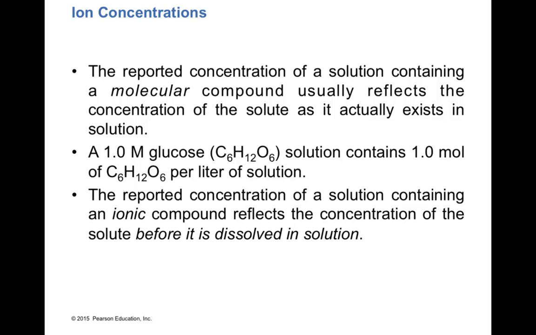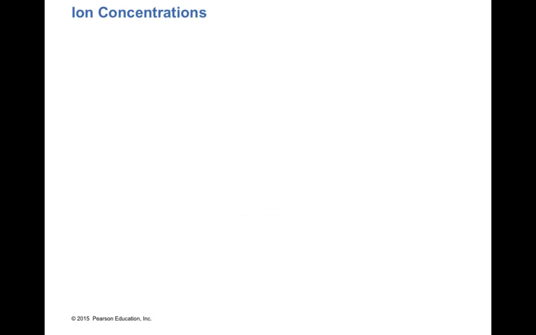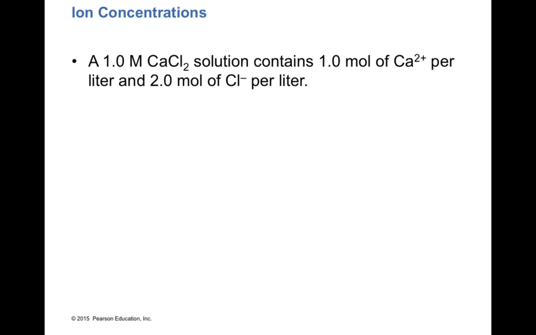And that will eventually affect the concentration because when we have, for example, a 1 molar solution of calcium chloride, that solution contains 1 mole of calcium per liter and 2 moles of chlorine per liter, because this is dissociated. Instead of one particle, we're going to have three: 1 mole of calcium and 2 moles of chlorine.